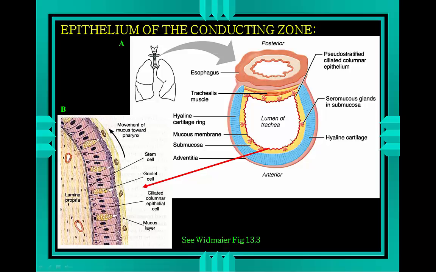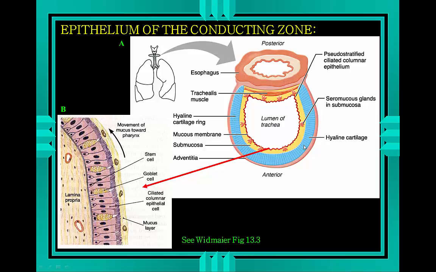So if we look at this slide of the trachea, this is anterior towards the front of the body, posteriorly towards the back of the body, and here's the section that we're looking at. We see that the trachea basically is a tube made up particularly of smooth muscle, with these cartilaginous rings.